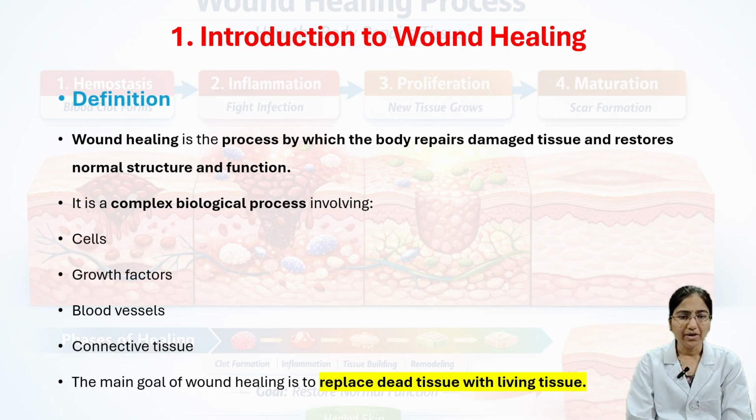First, we'll see the introduction to wound healing. First, in this, we'll see the definition. Wound healing is the process by which the body repairs damaged tissue and restores normal structure and function. Here, wound healing is nothing but a process, okay?